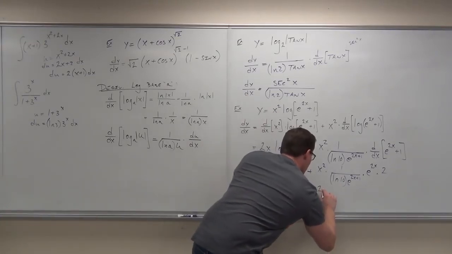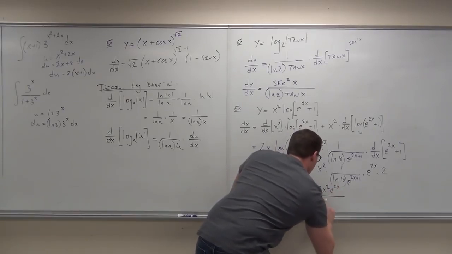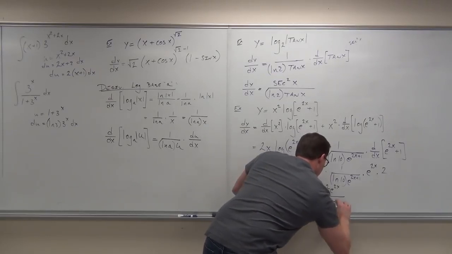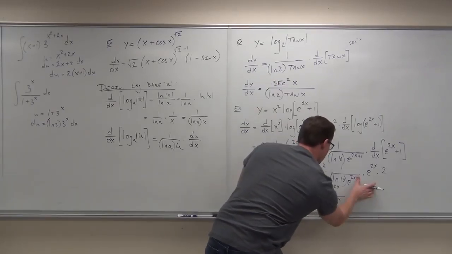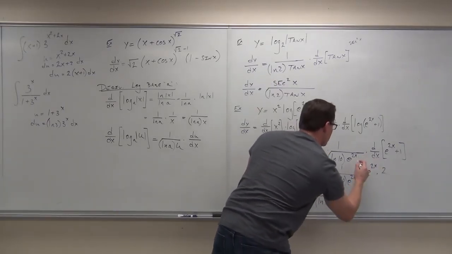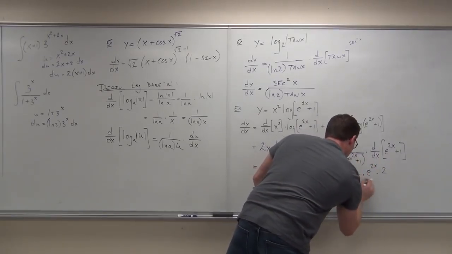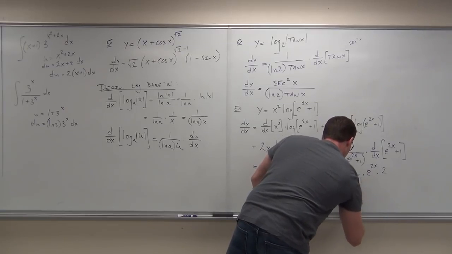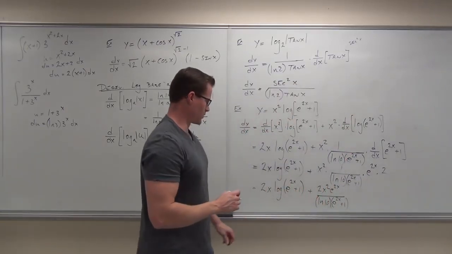Hang on. 2x squared e to the 2x, ln 10, e to the 2x. Shouldn't it be plus 1? I'm using the plus 1 though. I messed up. Oh, you're right. Okay, hopefully I did that right. I just did it really quick.